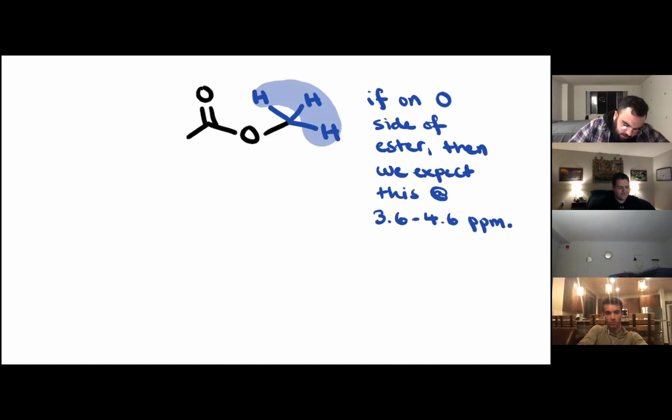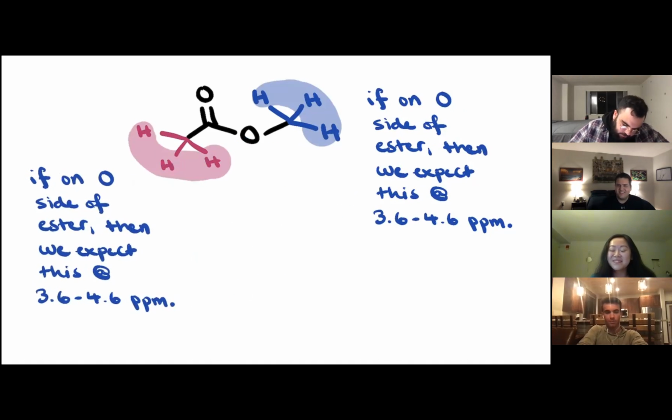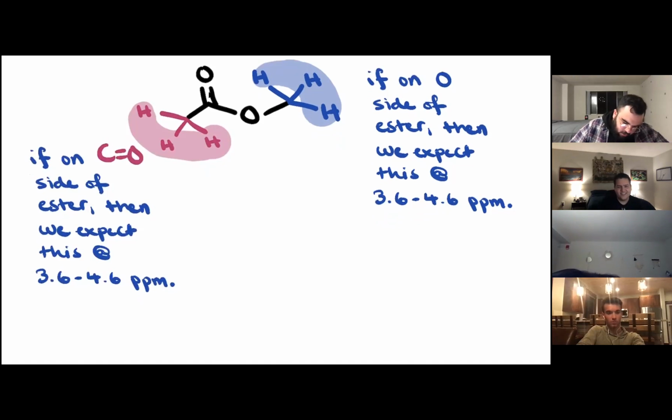And if this is on the carbonyl side, then we would expect that peak to show up at around 2.1 to 3.1 ppm.